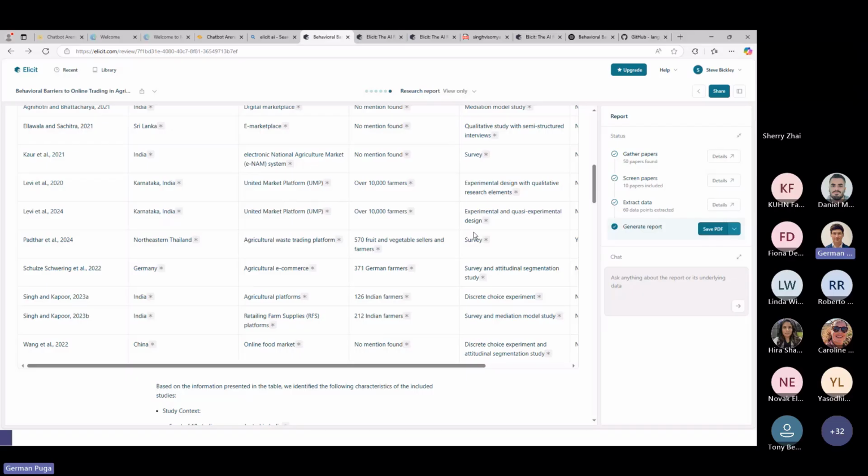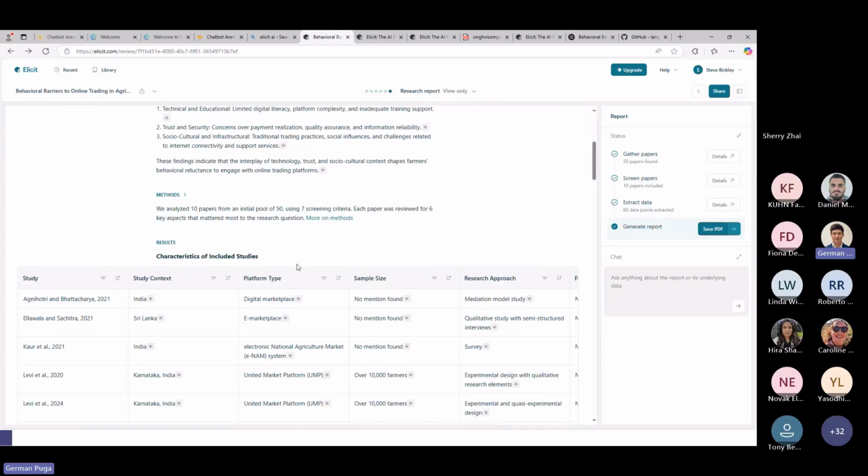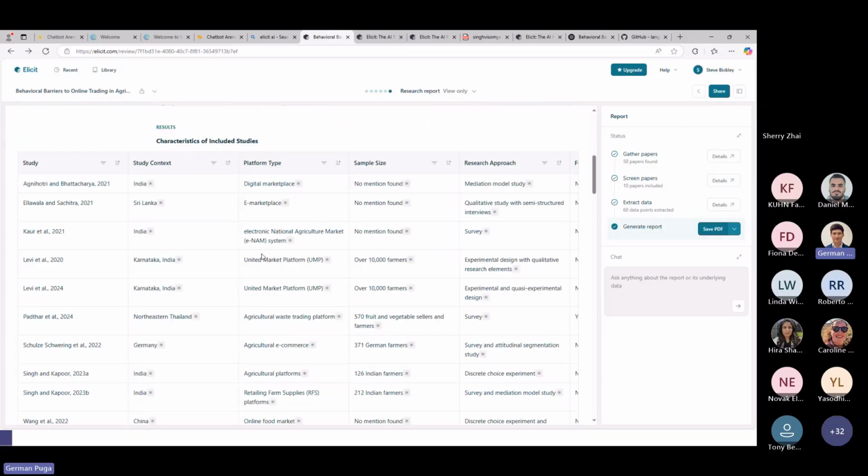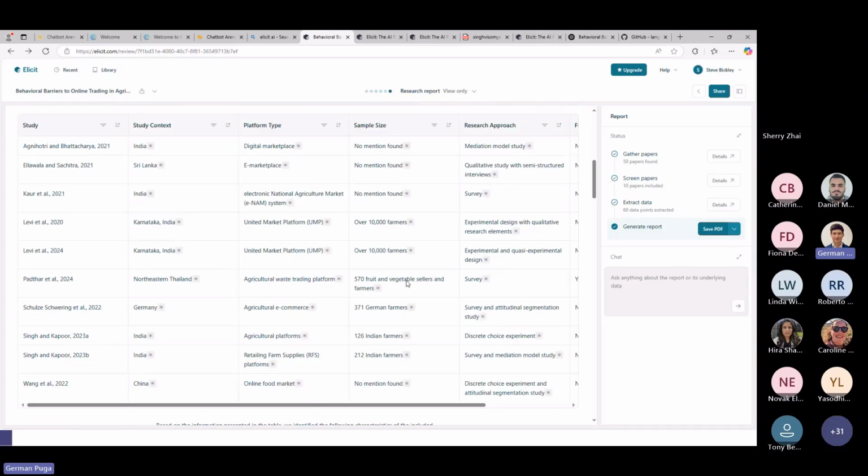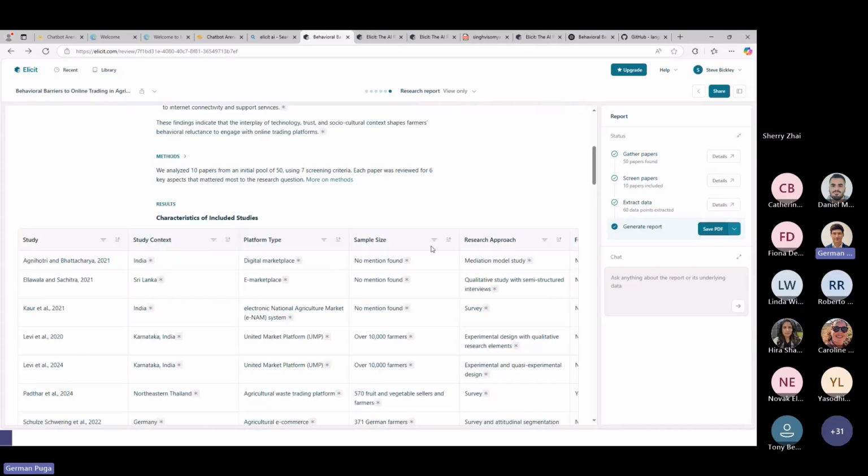The information in there, like study contexts, platform, this level of information, I'd expect is fairly accurate. I still go check that though, because I don't know unless I go check.